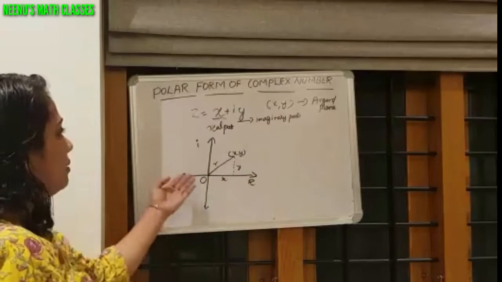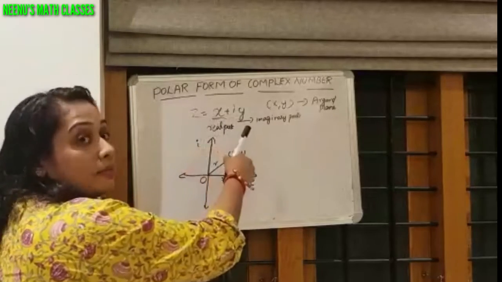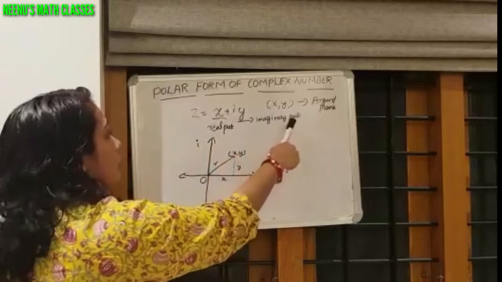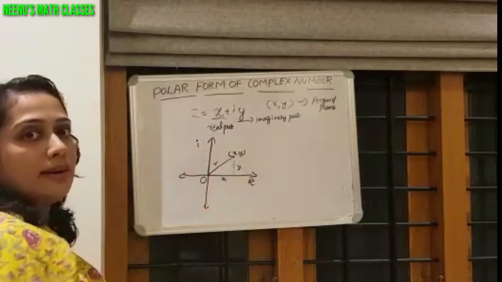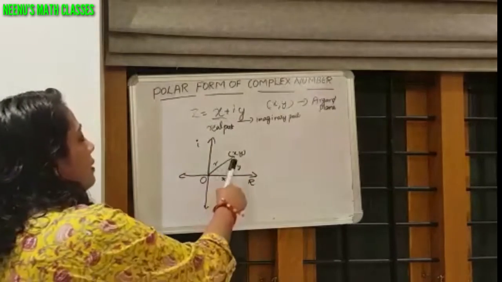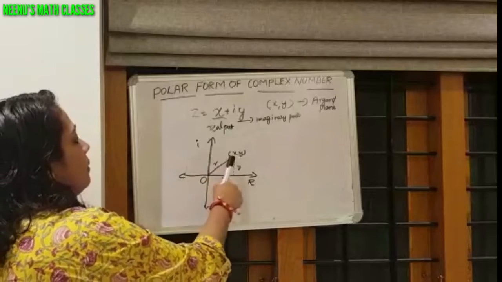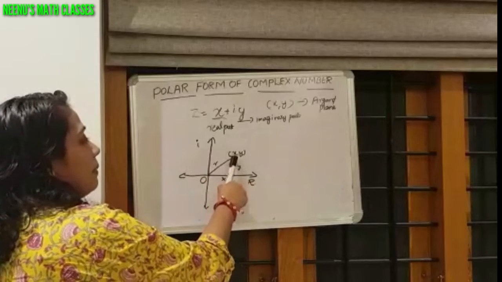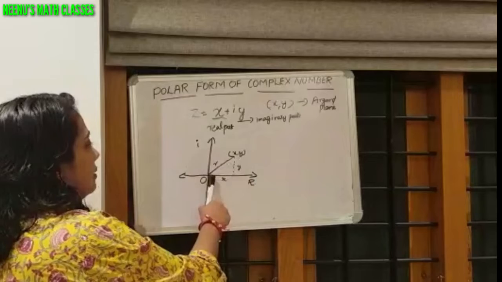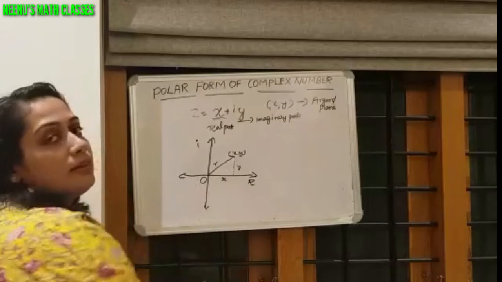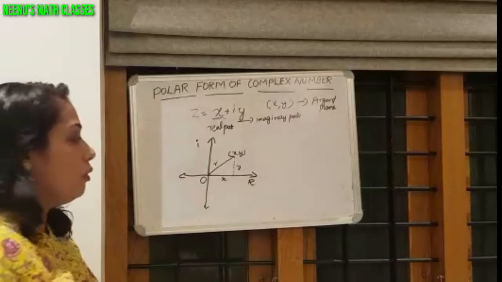This complex number x plus iy, with coordinates x comma y, can be represented in an Argand plane. These coordinates are plotted in the first quadrant. This is the perpendicular distance, the y distance, and this is the x distance. This r is the distance from the coordinates to the origin.